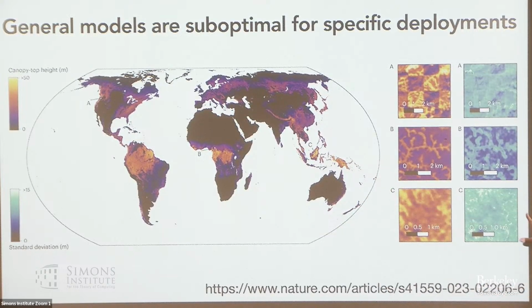But when you actually talk to end users who need to use things like tree canopy height to get estimates of carbon sequestration, what they find is that these global models are never accurate enough to actually inform local scale decisions. So you actually end up needing to build specialized local models to be able to make accurate decisions. And then the challenge is that the relative gain from those global models in terms of your ability to do good local decision making ends up being significantly diminishing returns.